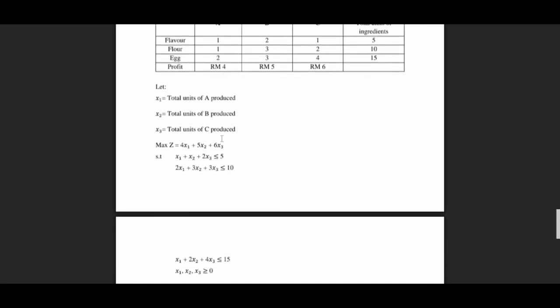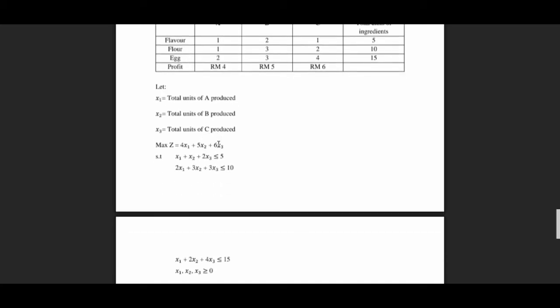Okay, here for step 1, the decision variables are x1 equal to total units of A produced, x2 equal to total units of B produced, and x3 equal to total units of C produced.